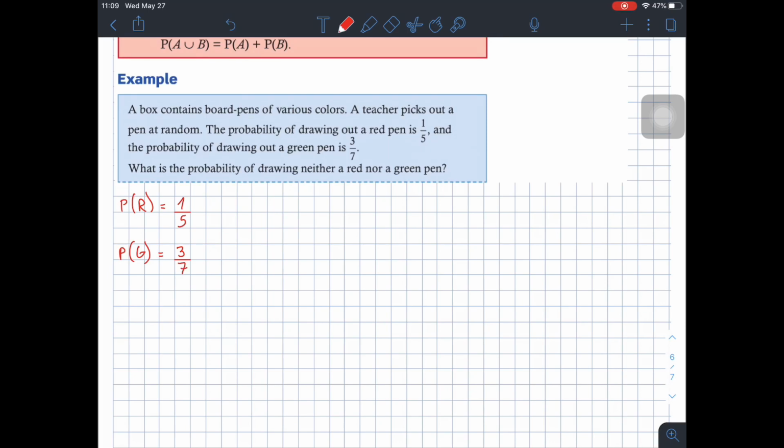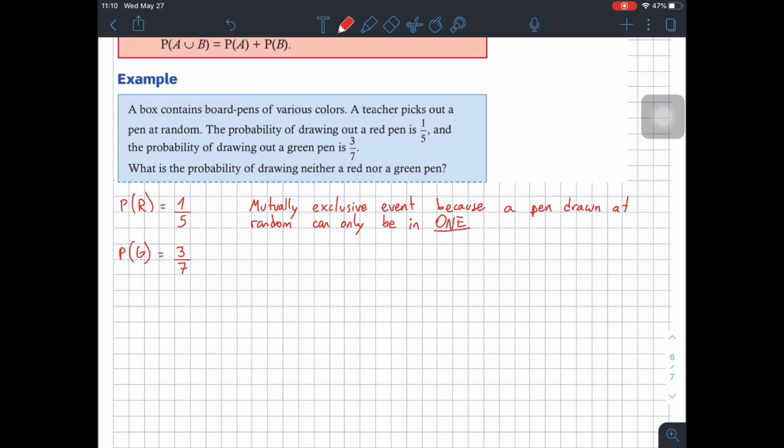So we're talking about mutually exclusive events because a pen drawn at random can only be in one color, right?